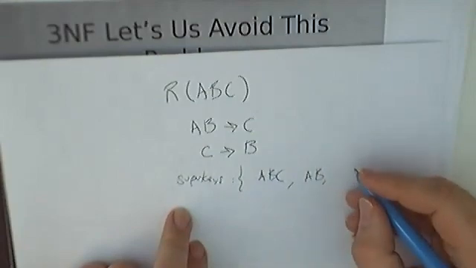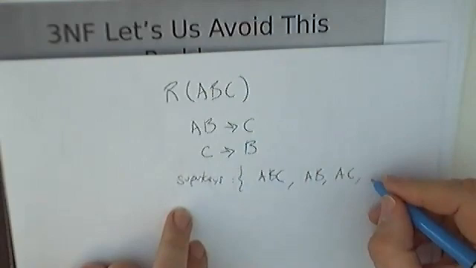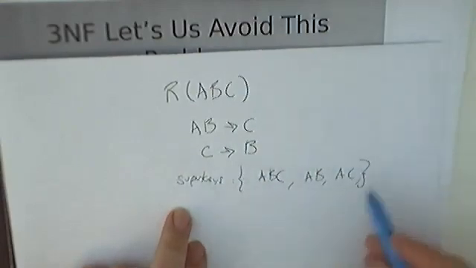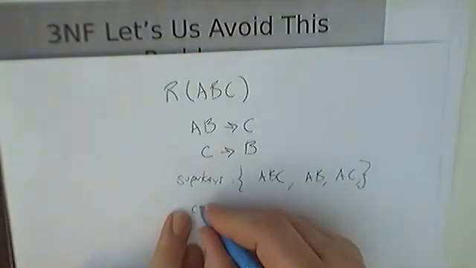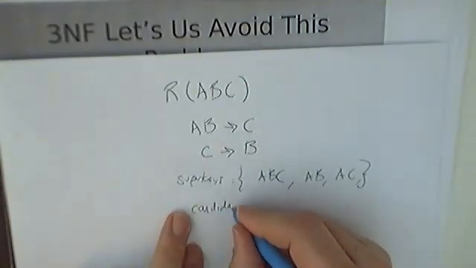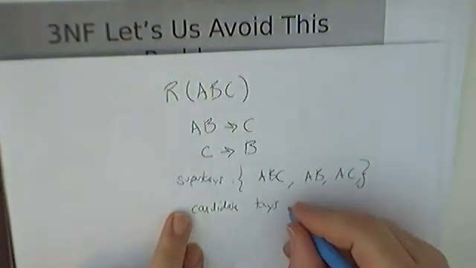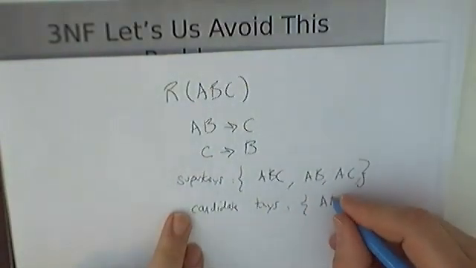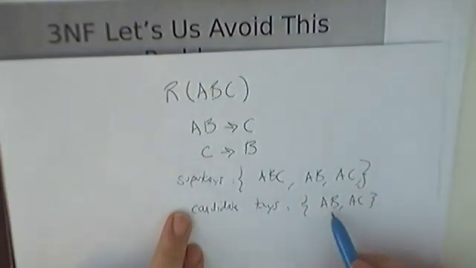Any others? AC. Yeah. Any others? No, no other ones. So those are the super keys. Now, of these, which ones are minimal? So what are the candidate keys? Those are the candidate keys, AB and AC, because you can't take anything away from them.